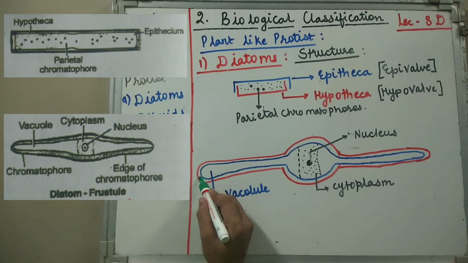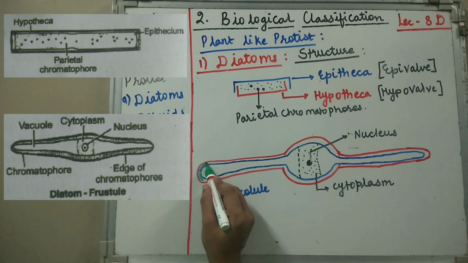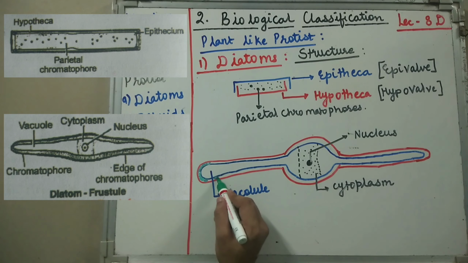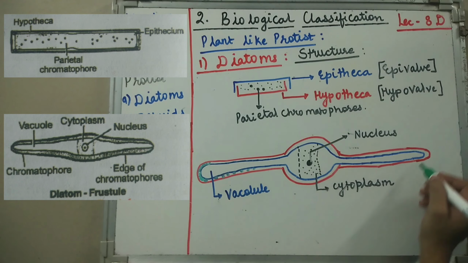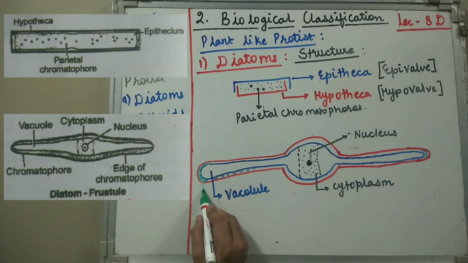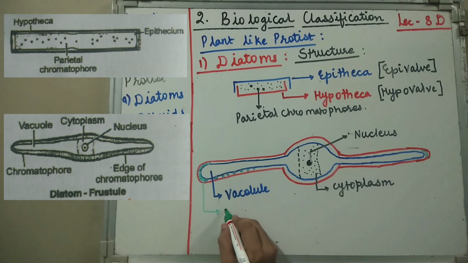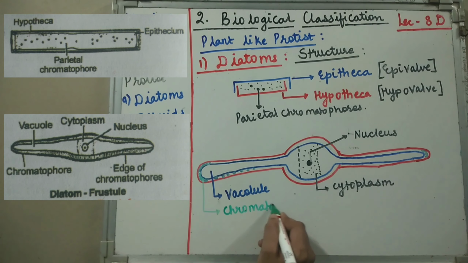Now in the periphery, I'm just coloring out with green. I hope you can make out here. So this green coloration what I have drawn here, this is known as chromatophores.